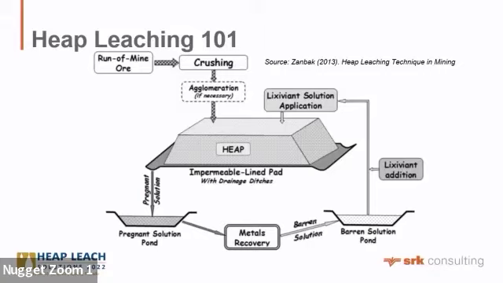So, in this picture, everything that happens outside of the heap, I will not touch because it's really not my area of expertise. However, looking at the heap itself, in this picture, it's a really nice frustum. Oh, I really love this word, frustum. Very nice and regular. In reality, most heap leach piles do not look like this.